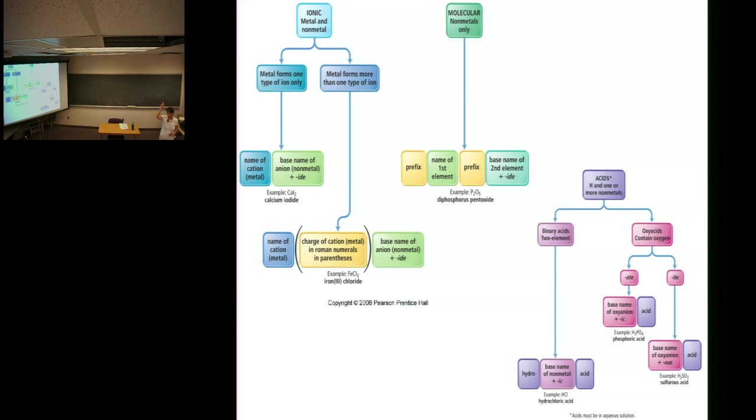Okay, so I'm going to write those up on the board, and you start working on the names. The first thing you have to do is decide what group you're in. Which compound does this belong to? Which group?